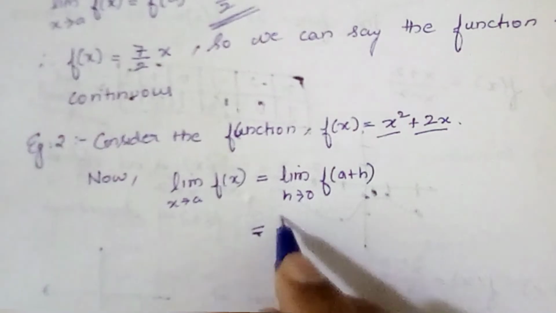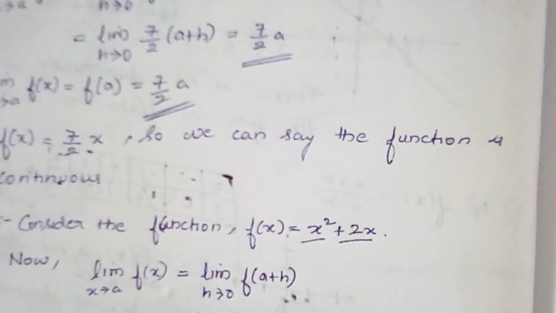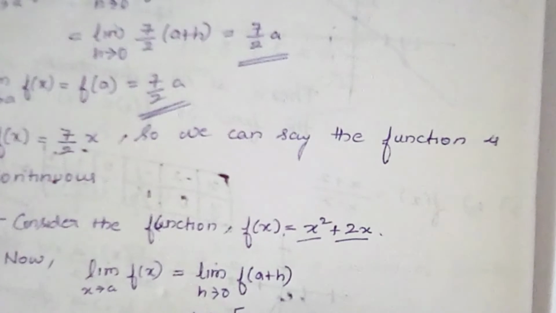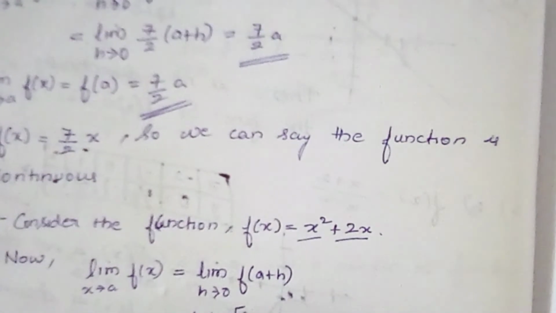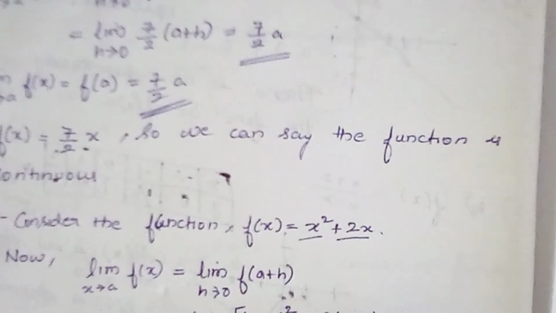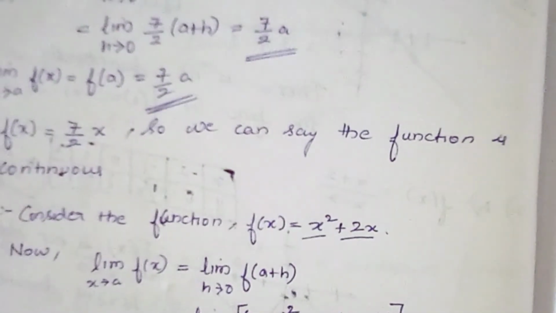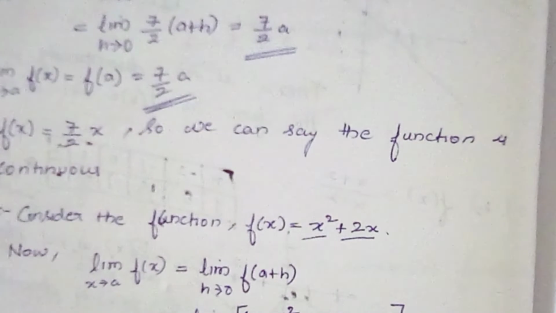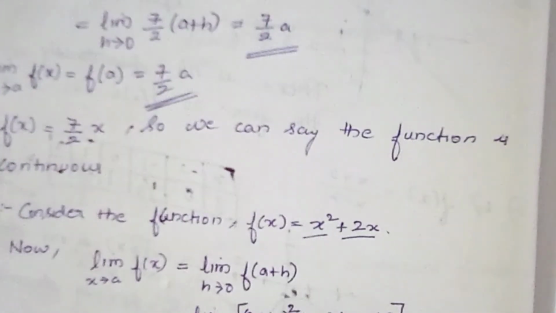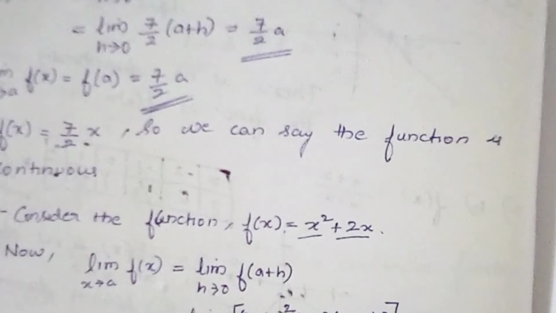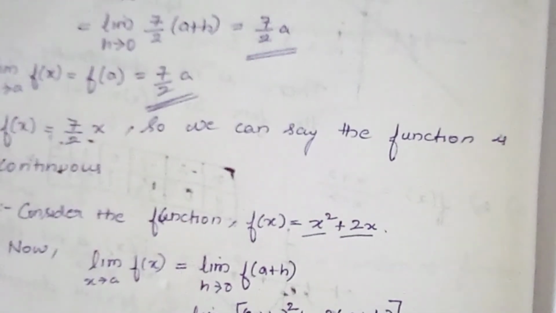This is equal to limit h tends to 0 of a plus h whole squared plus 2 into a plus h, which gives us limit h tends to 0 of a squared plus h squared plus 2h plus 2a plus 2h.